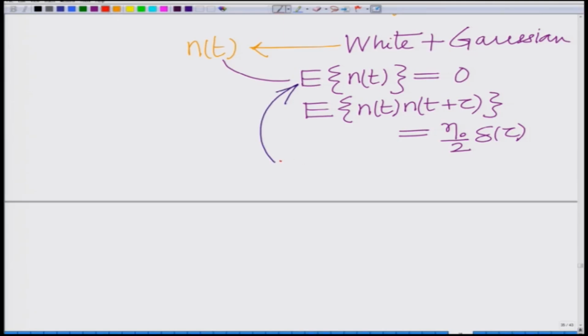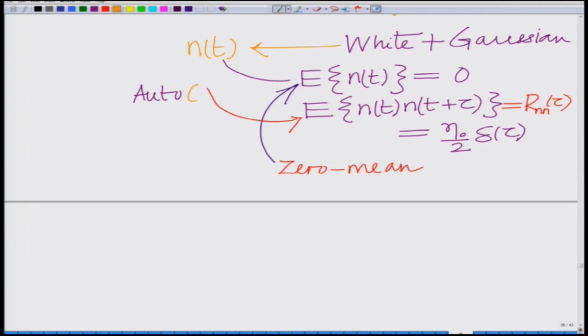Also something to keep in mind, we are assuming that the noise is zero mean, that is a typical assumption, and it has basically the autocorrelation. This is nothing but your autocorrelation function, remember, and for this we are assuming the noise to be wide sense stationary.